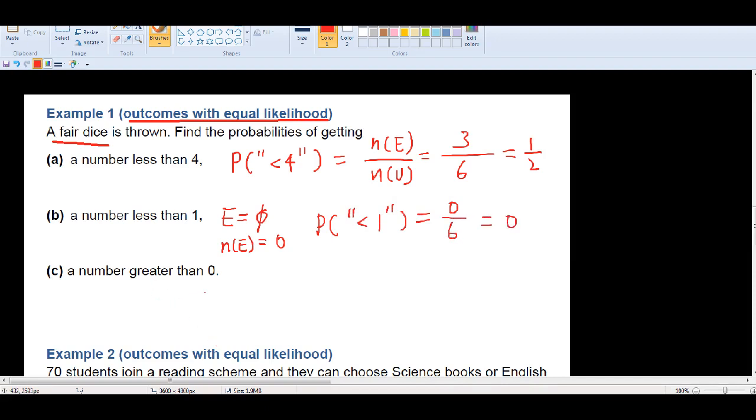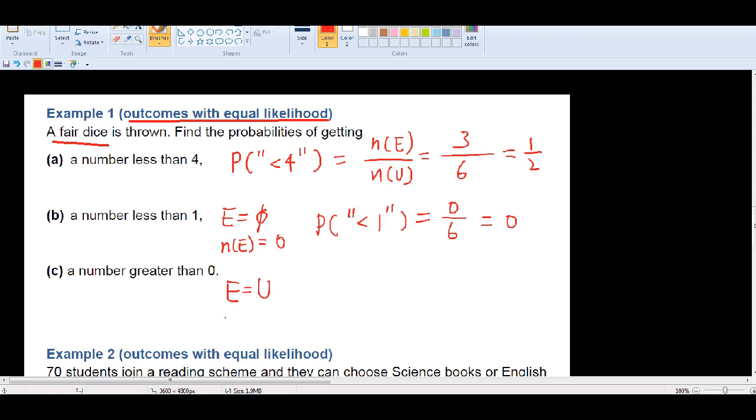Alright, a number greater than 0. We know that every number you get from the die must be greater than 0, right? So this time, the event set just equals the sample space, because all the numbers satisfy the event.